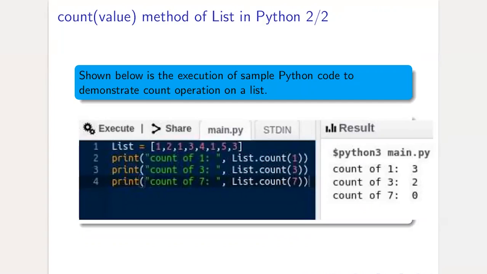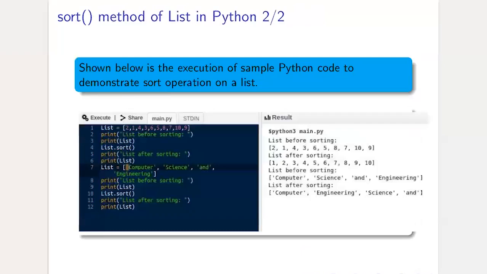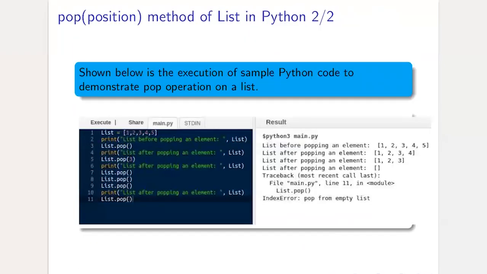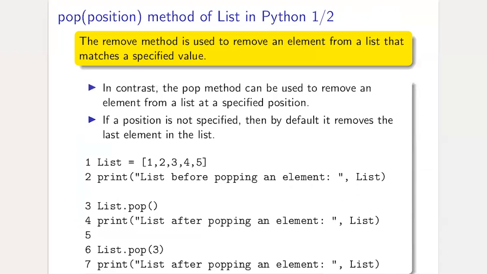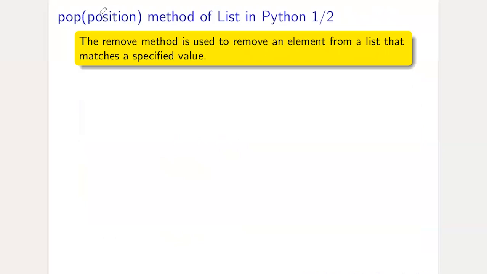Or we also had a similar method earlier, like remove. When we give a value, it will go through the entire list and remove the item in the first instance it finds in the list.